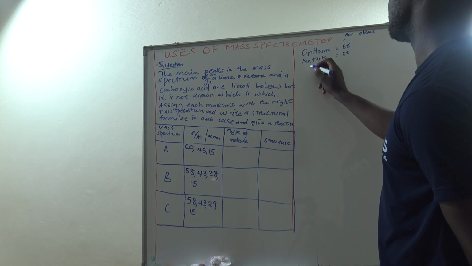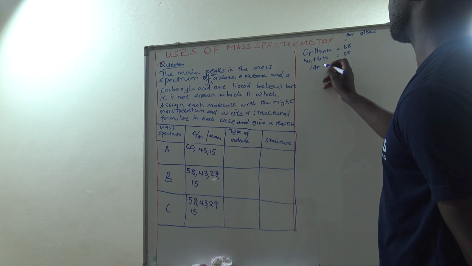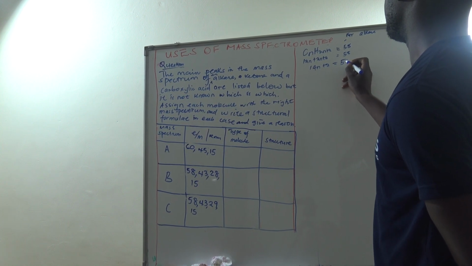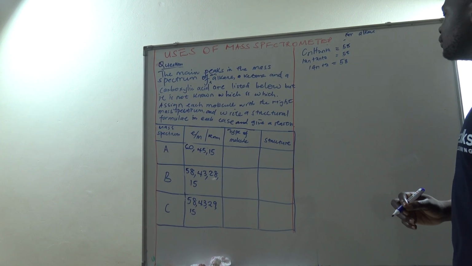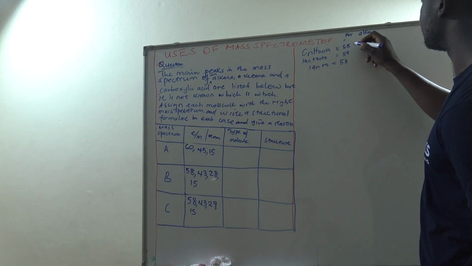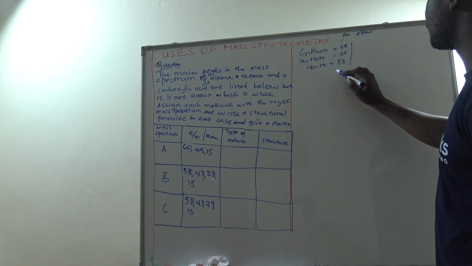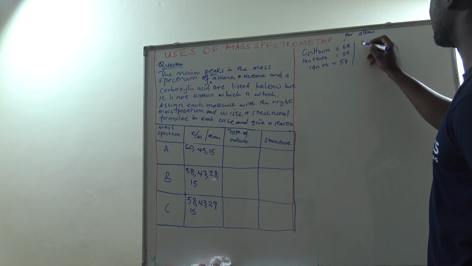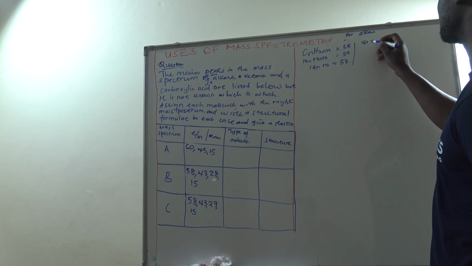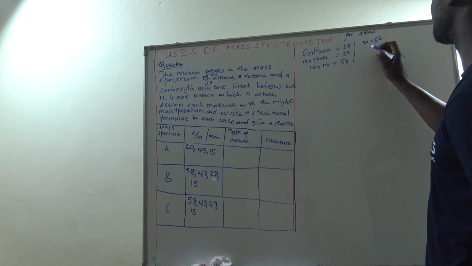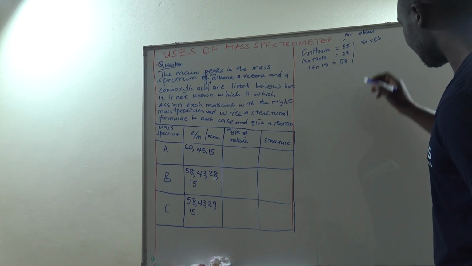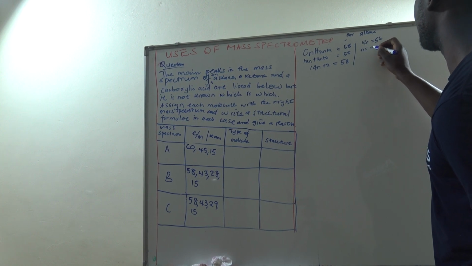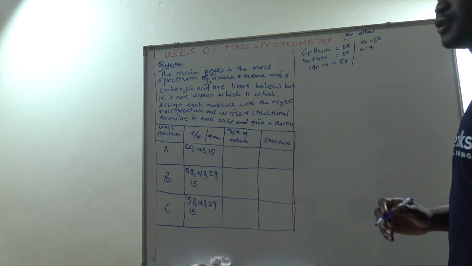So 12 plus 2 gives me 14n, which is equal to 58. Now, we are left with 14n is equal to 56. Now, we divide through by 14 to get the value of n, and we realize that n is 4.